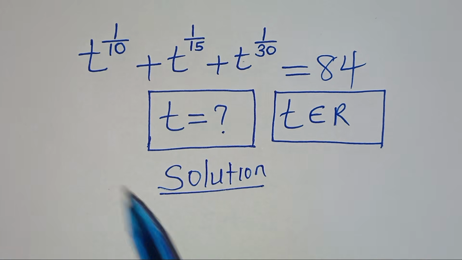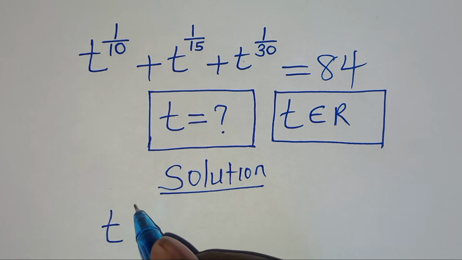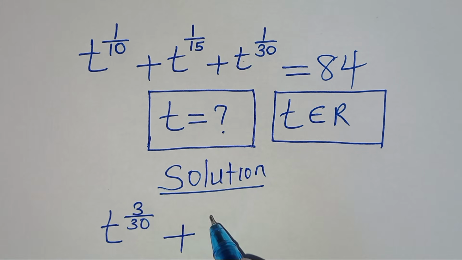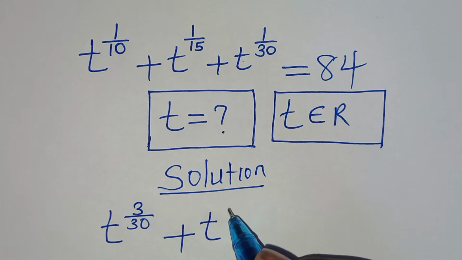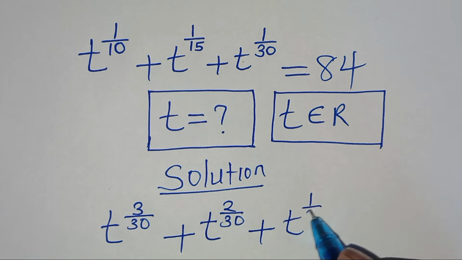We can express t to the power of 1 over 10. This is the same thing as t raised to the power of 3 over 30 plus t to the power of 1 over 15. This is the same thing as t raised to the power of 2 over 30, then plus t to the power of 1 over 30.